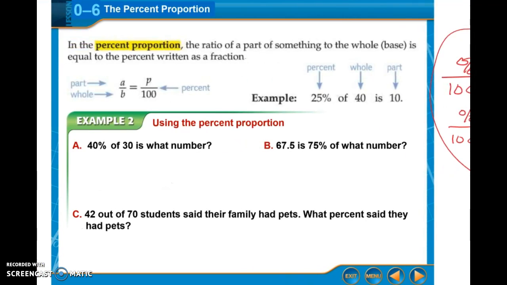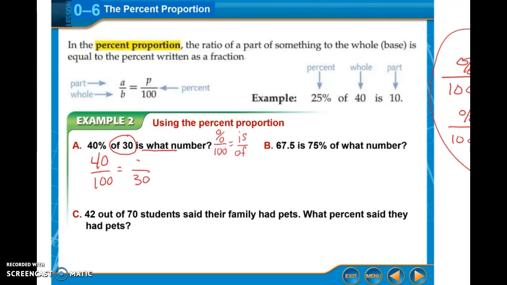So for the first one, 40% of 30 is what number? So 40% is 40 over 100. And we're going to use the is over of, so I'll write this over here. Percent over 100 equals is over of. So the of word has 30 behind it, so that goes in the bottom, because that's where the of goes in the proportion.